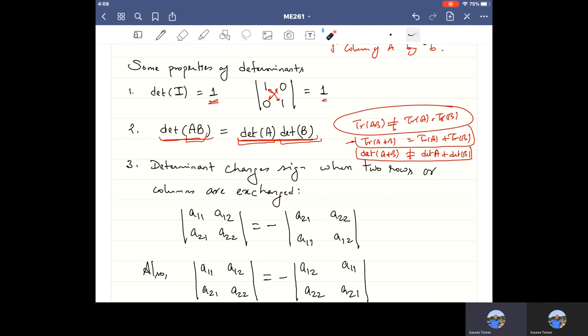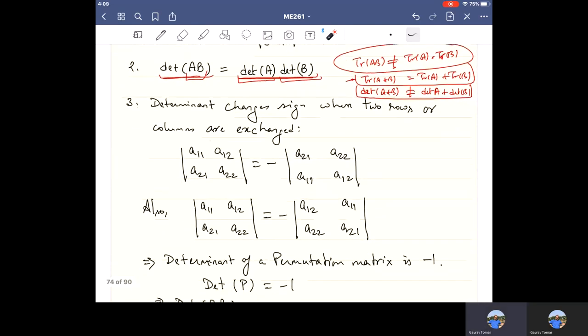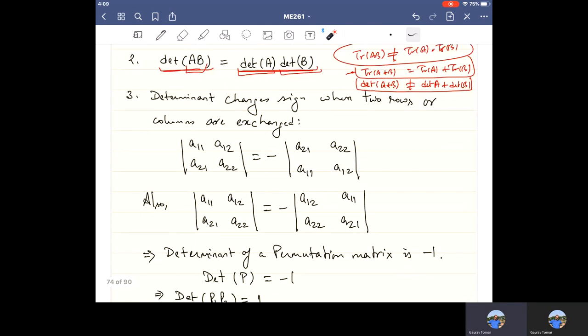All right, so when you change the rows, you would see that you have to change the sign. Changing rows, you can think of as a process of doing a permutation of rows. So let's say you had the same matrix that you have here. I'm doing an operation on A11, A12, A21, A22, and I want to change the rows, so I will write this. Now, if you do this, you get 0 into A11 plus 1 into A21, and you add them, you get A21.